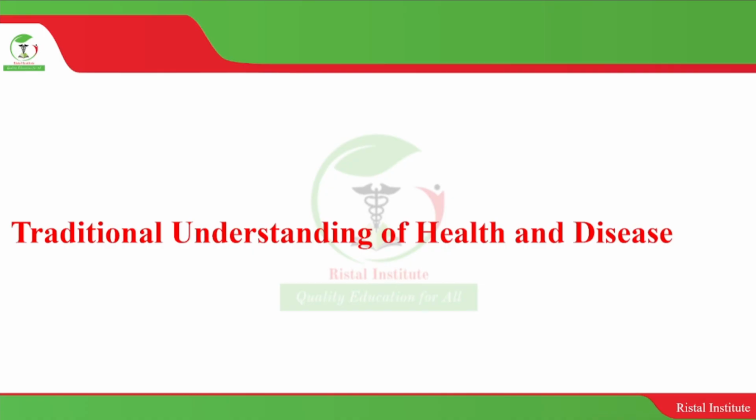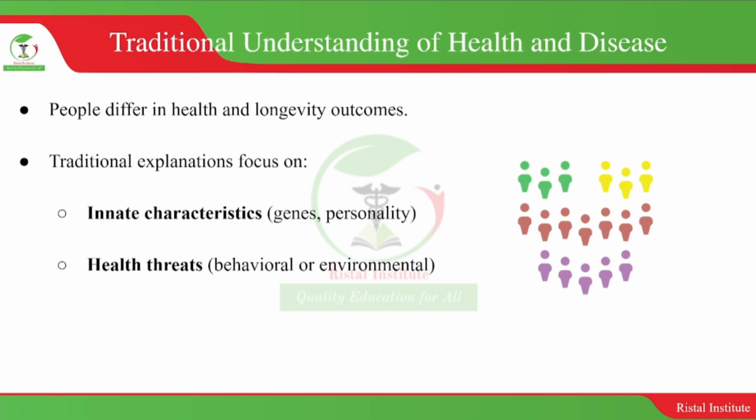So let us look at what we term the traditional understanding of health and diseases. In this, we want to understand how the understanding of disease and health was, and how it has evolved over time. Okay. So the first thing is that not all people will have the same health outcomes.